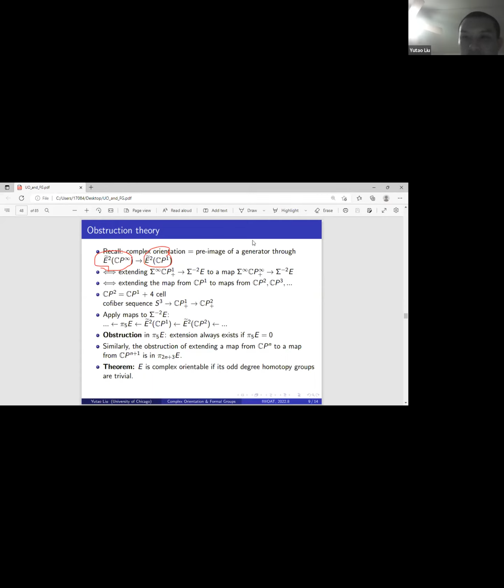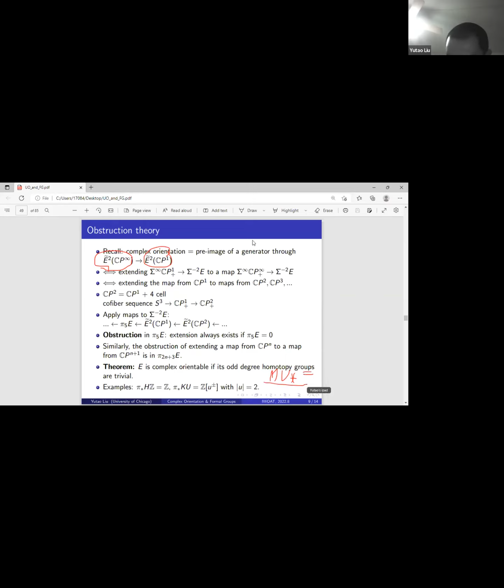So here is another way for you to determine whether a spectrum is complex oriented. Examples include our previous two examples, HZ and KU, because the homotopy of the first one is Z, which is concentrated in degree 0, while the homotopy of the second one is a periodic graded group, which is concentrated only in even degrees. Actually, the examples also include the complex cobordism spectrum MU.